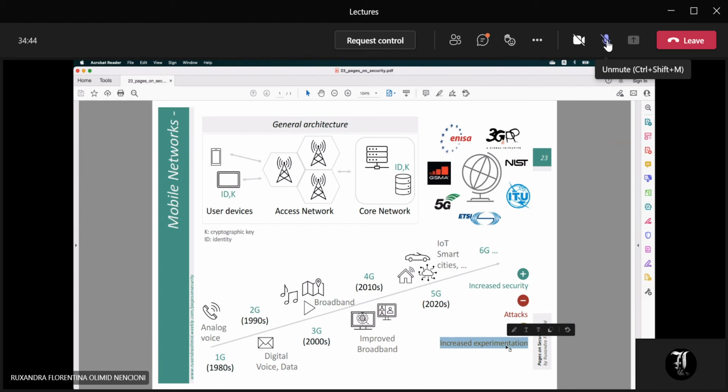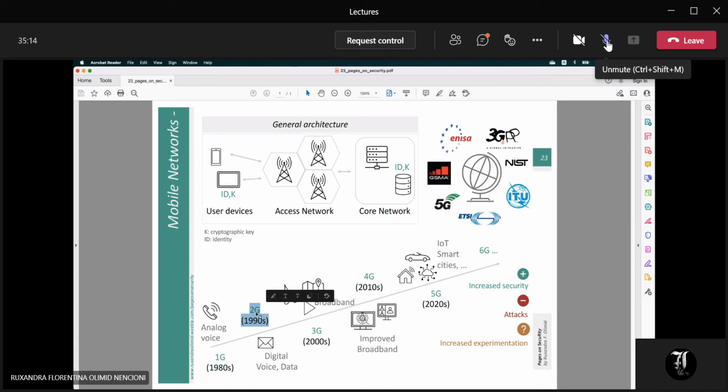the attackers now have access to things that they did not have before. So before, in second generation, let's say in GSM, you could not put up your tower and experiment with your tower to see if an attack is working or not. Now in 5G, you have simulators, you have emulators, there are small devices, software-defined radios, where you can define your own network.